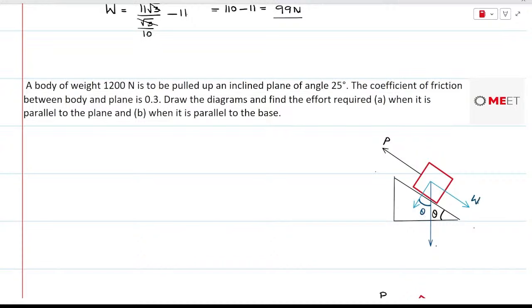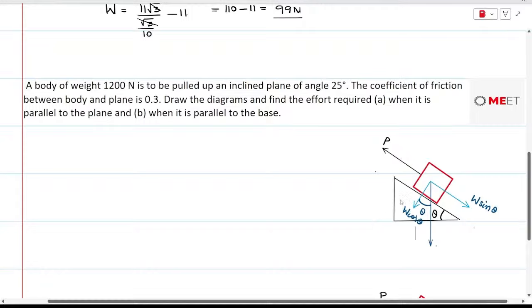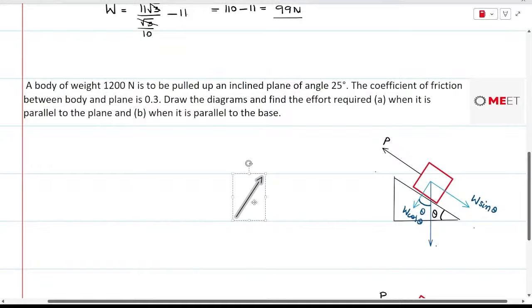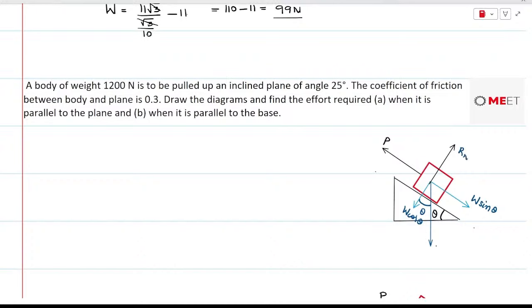So this becomes W sine theta and this would be W cos theta. And along with that, there will be another force that is going to be normal to the plane, that is the normal reaction. So let me just draw that. This would be the normal reaction. Let's call this as Rn.